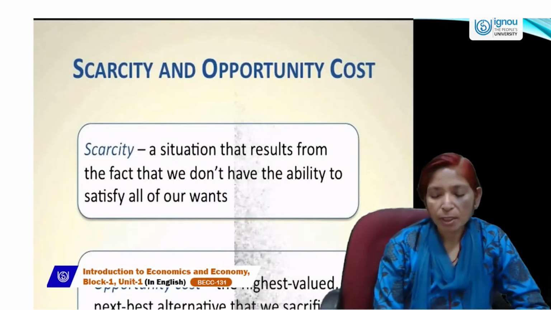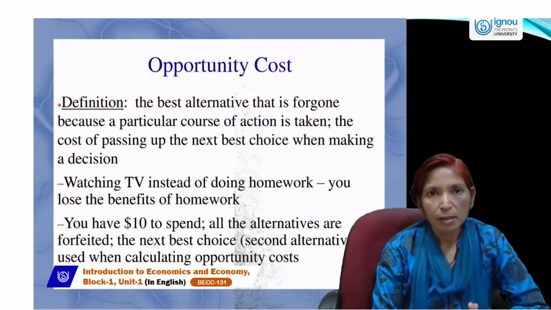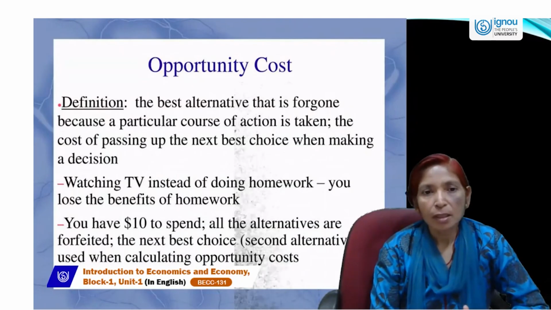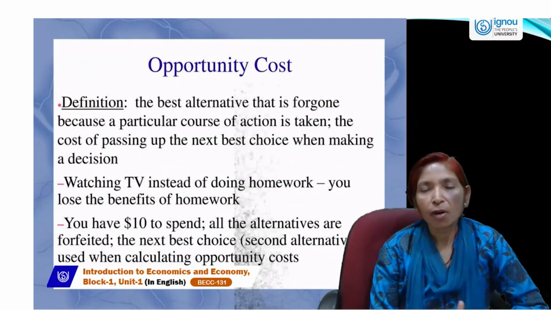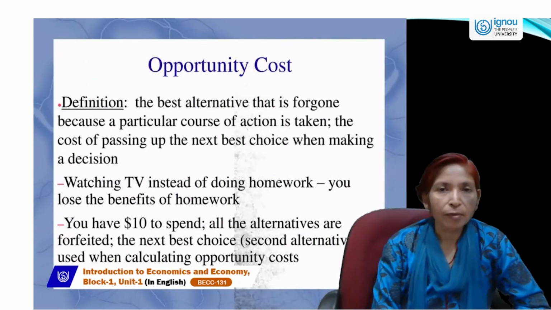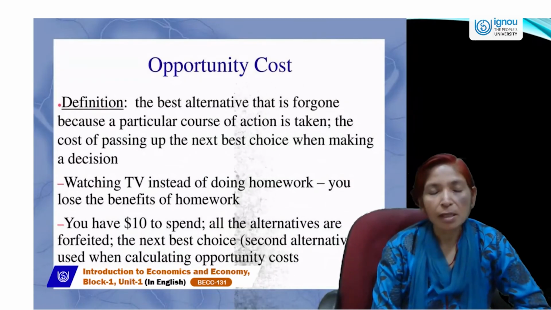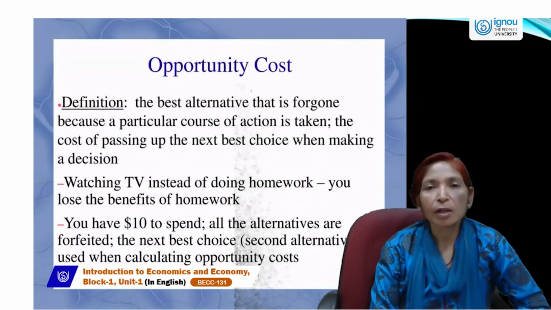The example of opportunity cost is that opportunity cost is that cost in which we have to forgo one thing for getting another thing. There is a rule that if we want to gain something, we have to lose something. It means we have to bear an opportunity cost.